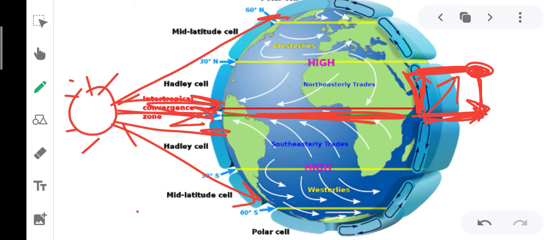One might wonder why the warm air moving upward travels in the right direction. That is due to the Coriolis force. Coriolis force is the force which deflects the wind towards the right in the northern hemisphere and towards the left in the southern hemisphere.